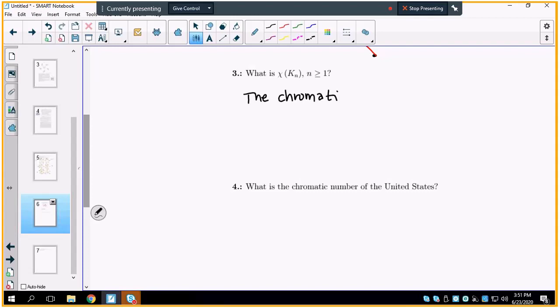The chromatic number for K sub n is n, since every vertex is connected to every other vertex. So each vertex needs its own color.